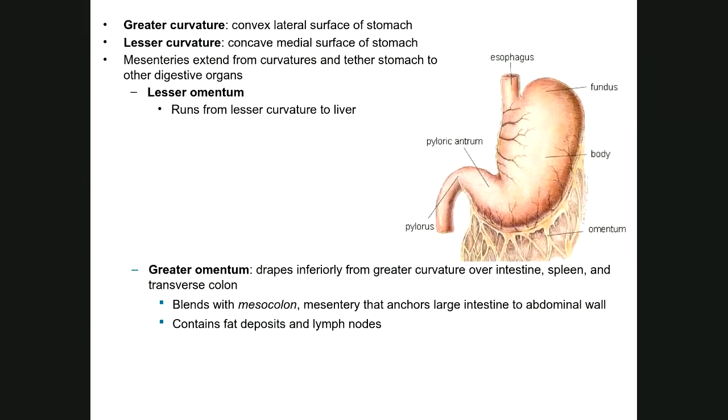So we have the greater omentum that drops inferiorly from the greater curvature to tether the stomach to the intestine, spleen, and transverse colon. And we have the lesser omentum, coming from the lesser curvature, to tether the stomach to the liver.